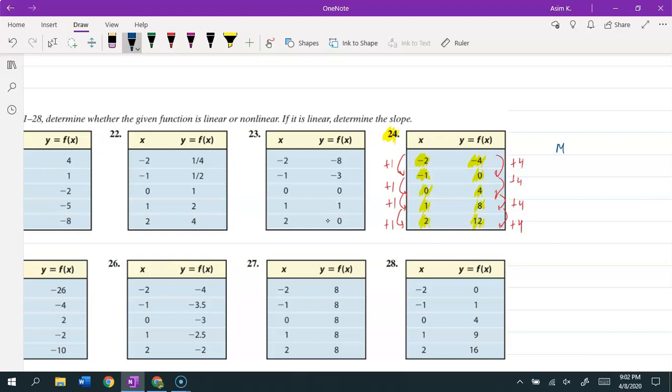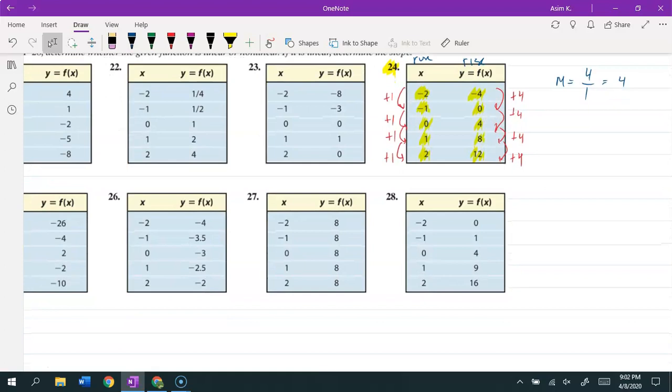And specifically, it's a line with the slope of 4 divided by 1, because you got to take the rise and divide by the run, right? So the change in the y's over the change in the x's, and so you have 4 over 1 as the slope of the line in number 24.